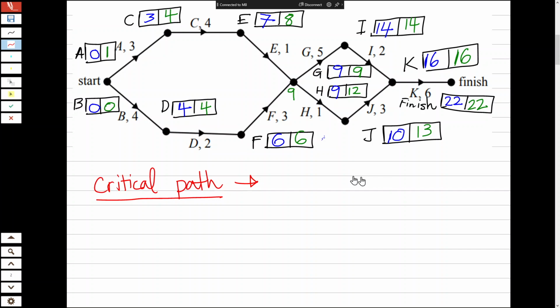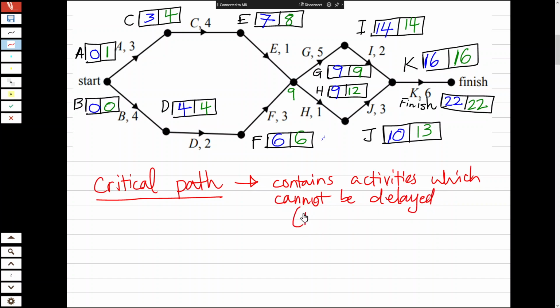The critical path contains activities which cannot be delayed. So that means the earliest starting time is the same as the latest starting time.